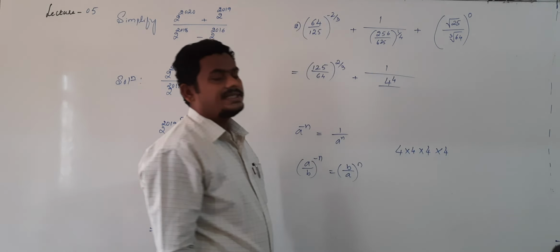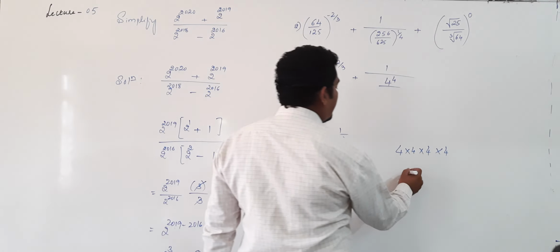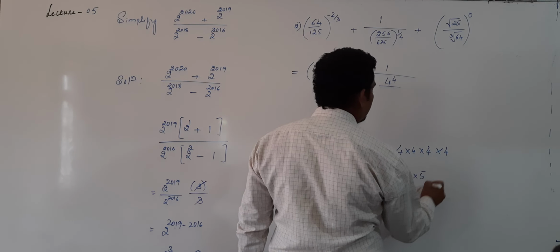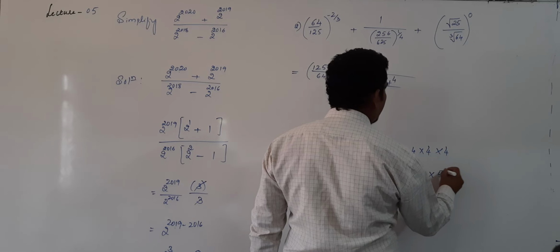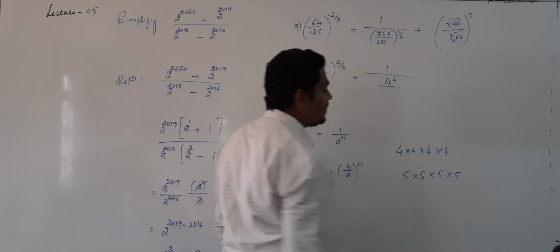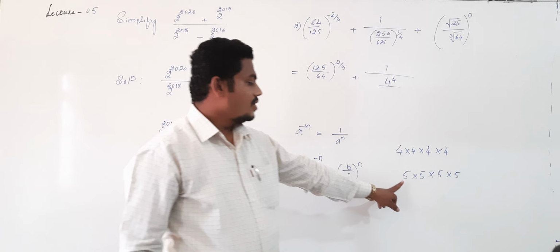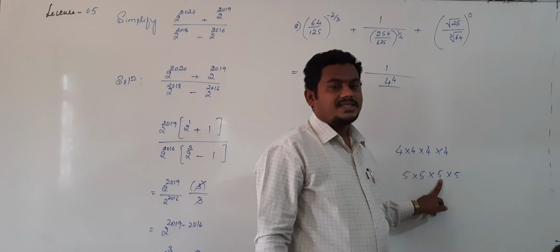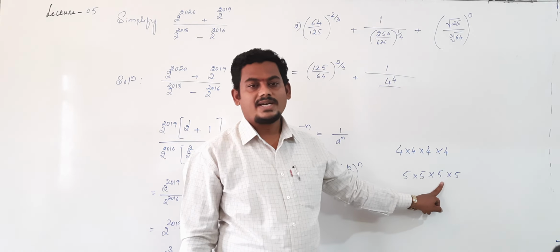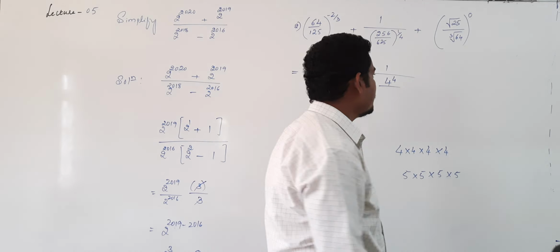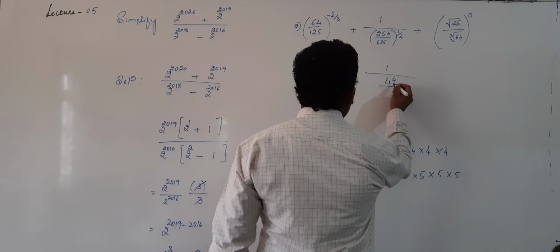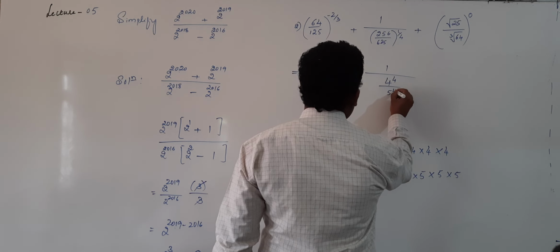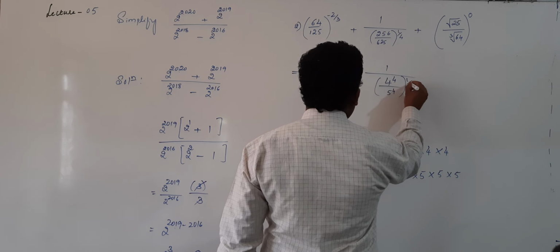Divided by 625: 5 into 5 is 25, 25 into 5 is 125, 125 into 5 is 625, so 5 power 4. So (4 power 4 divided by 5 power 4) whole thing power 1 by 4.